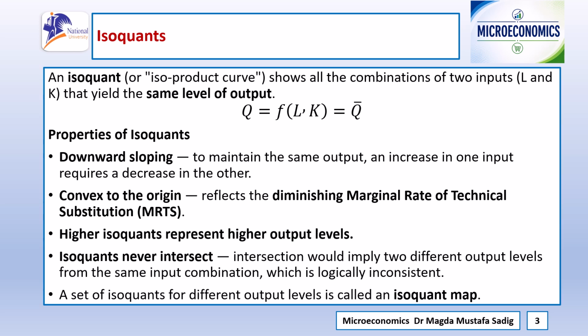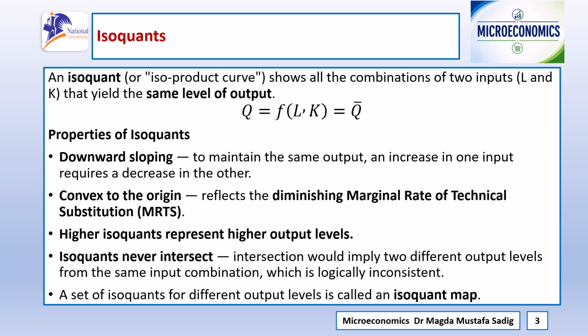Let us start by defining what we mean by an isoquant or iso product curve. The word iso means similar or the same. It shows all the combinations of two inputs. We cannot use more inputs because we use graphical models where we have two axes only, the x-axis and the y-axis.